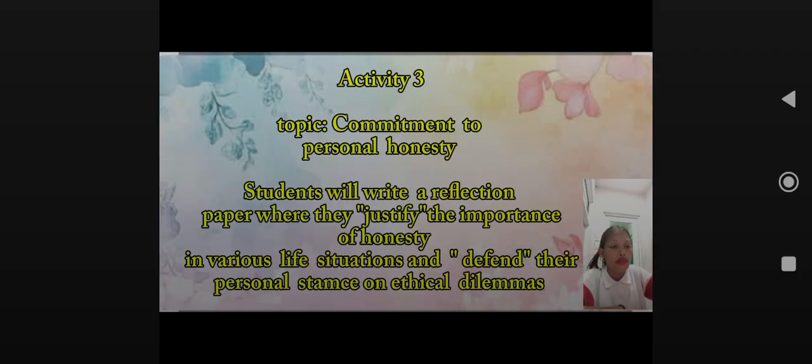So the activity verbs are justify and defend. So valuing involves the student accepting and believing in a principle and demonstrating this through their behavior and expression of word. By writing an opinion piece and defending their views, they are showing commitment to the value of honesty.